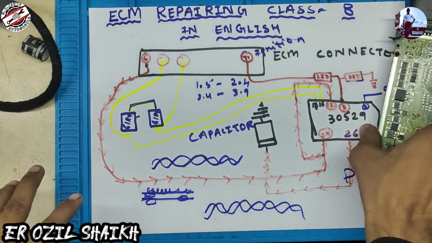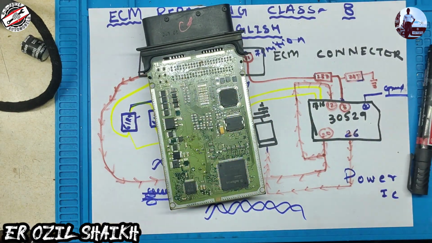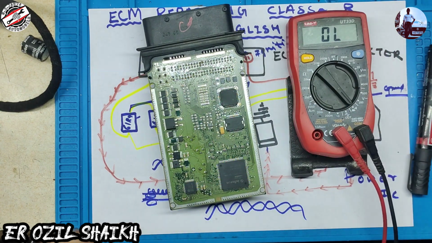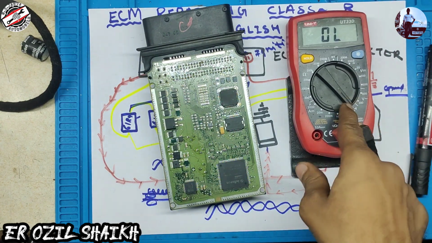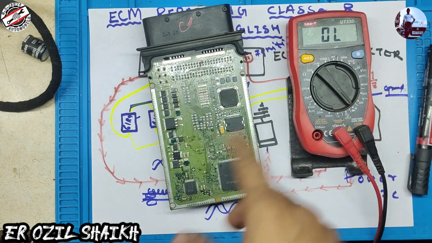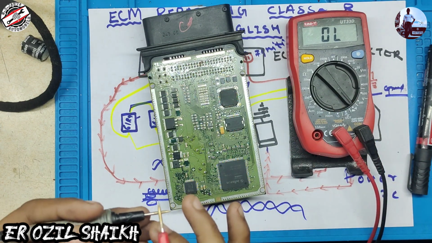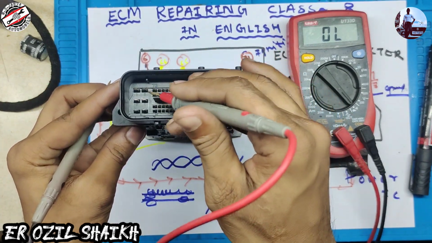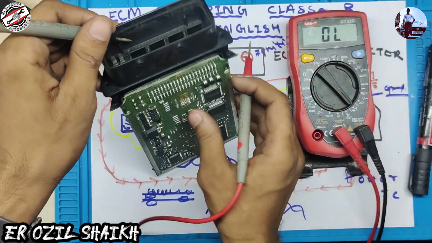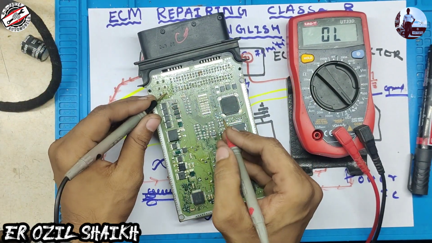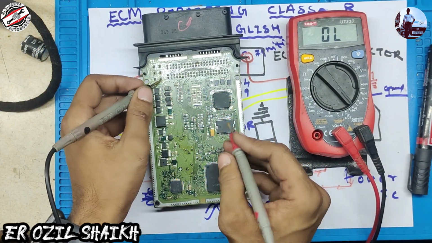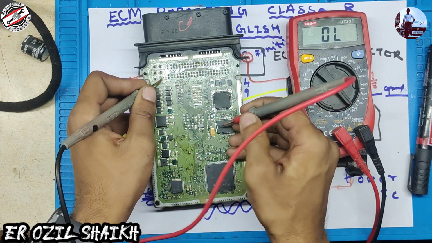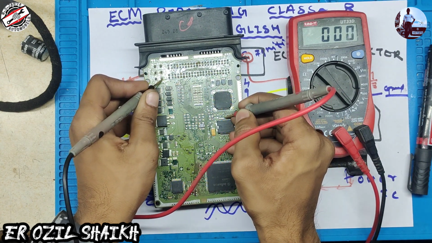So now we will trace out the ECM. We have the ECM EDC17C04, and we will put the meter on continuity. Here we know that pin number 6 is our direct 12 volts, and this voltage comes directly to the Power IC pin number 20 and also goes to pin number 12.